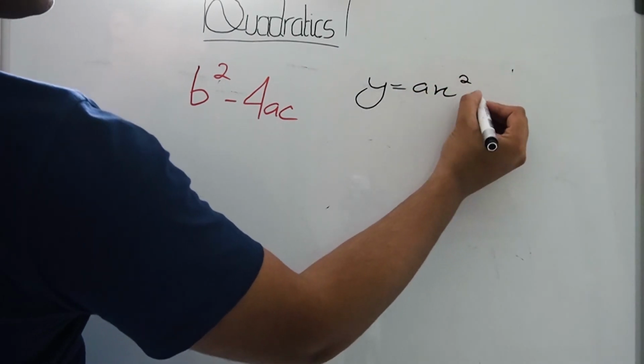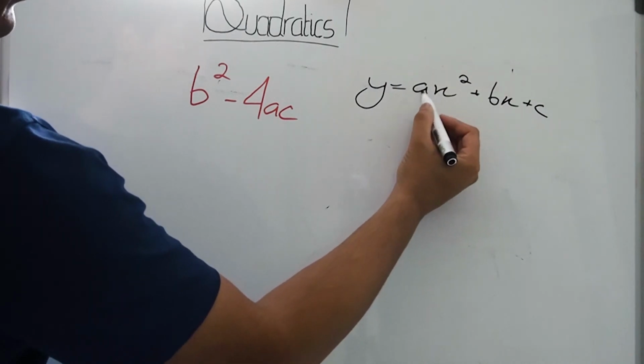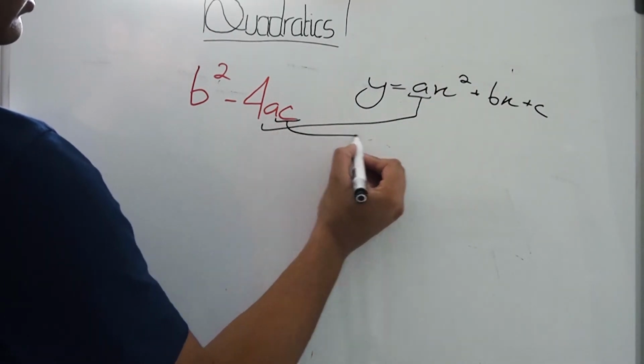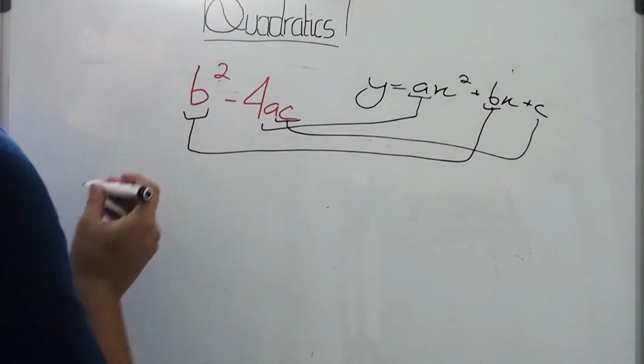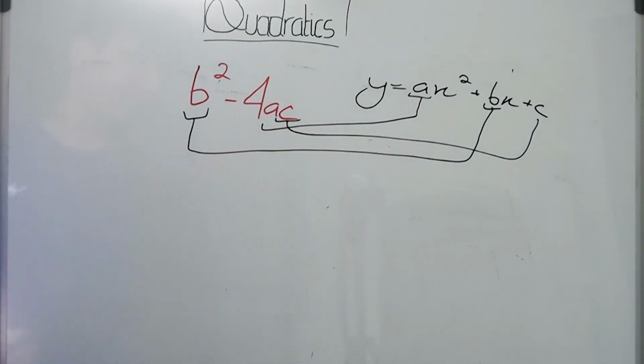Ax square plus bx plus c. These are the same things. This is A, this is C, and this is B. So we'll use these things over here to find the roots. This is the determinant.